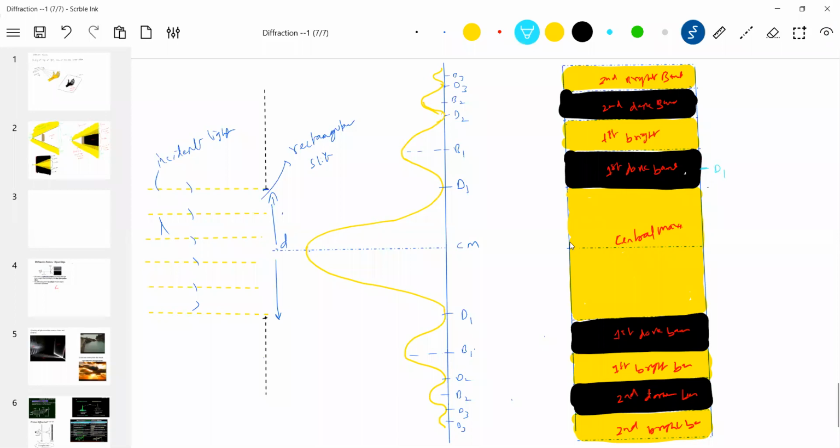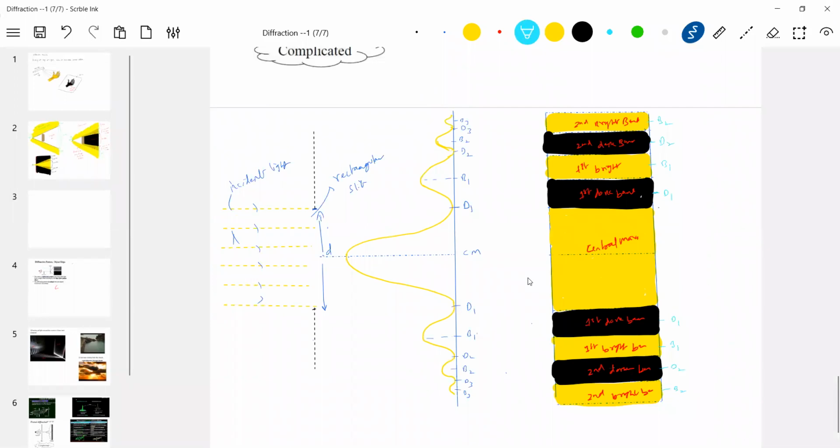You have to show D1 like this and B1 like this, though not to scale. D1, B1, D2, B2. If you look at the intensity, all bright bands will not be the same. The intensity at this point and this point should be less. In my diagram I'm showing the intensity the same everywhere, but it should be different. The width of all dark bands will be the same.